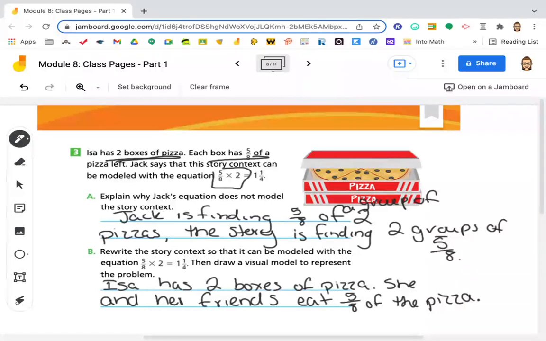We would show that by having 2 pizzas, and splitting each into 4, because then we'd have a total of 8 pieces. And we would shade in 5, which would give us 1 and 1/4 pizza.